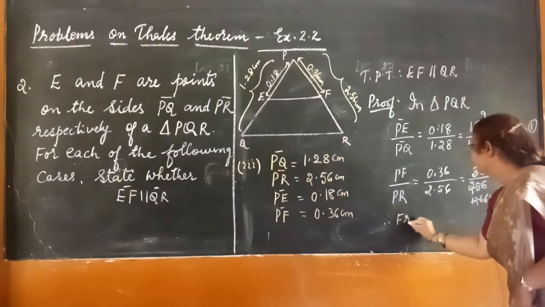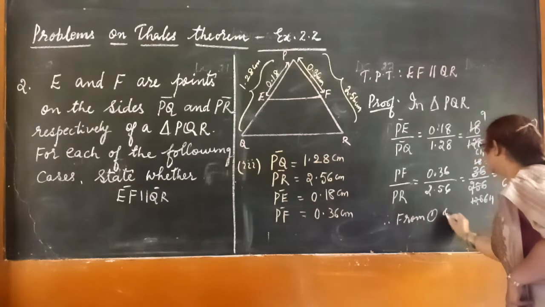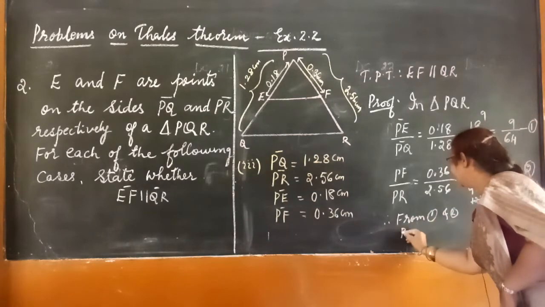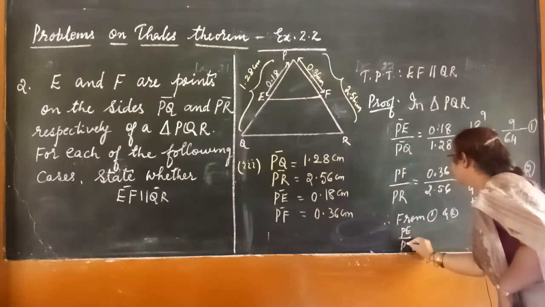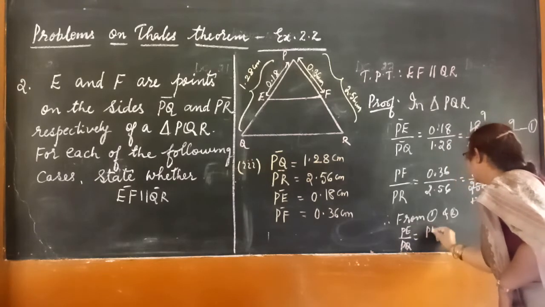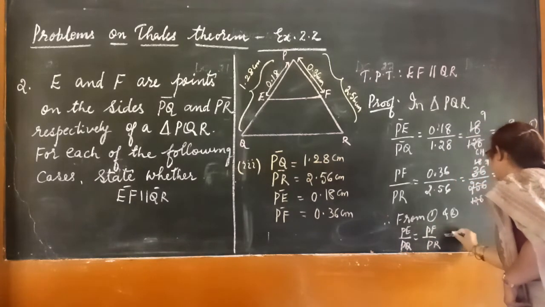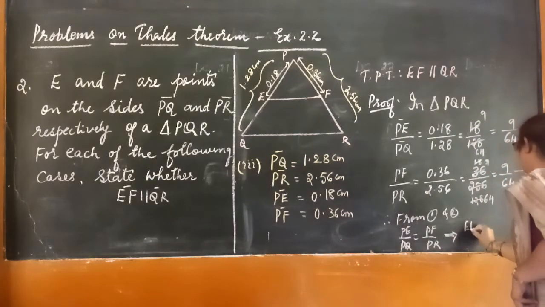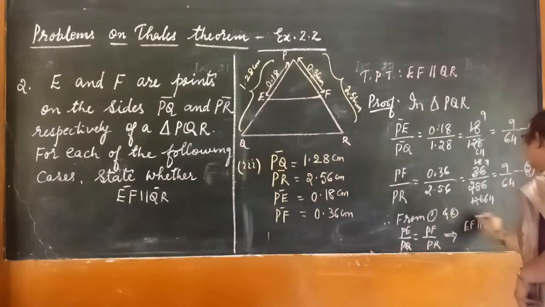Therefore, from 1 and 2, PE by PQ is equal to PF by PR. Therefore, this implies that EF is parallel to QR. What reason do you have to write?